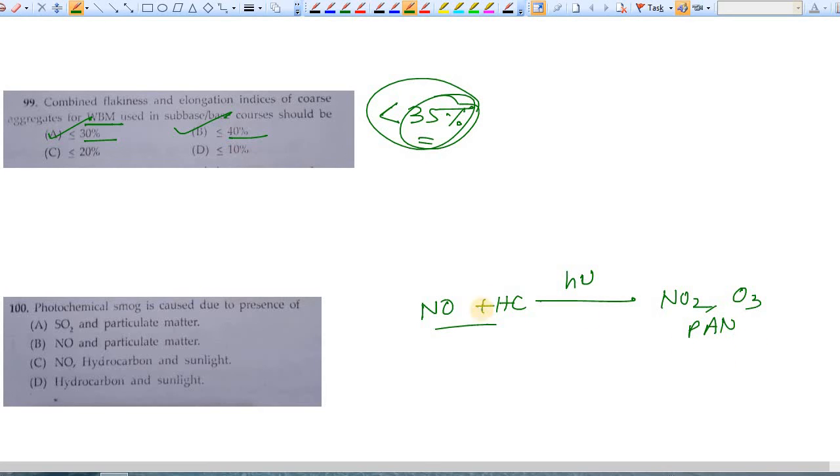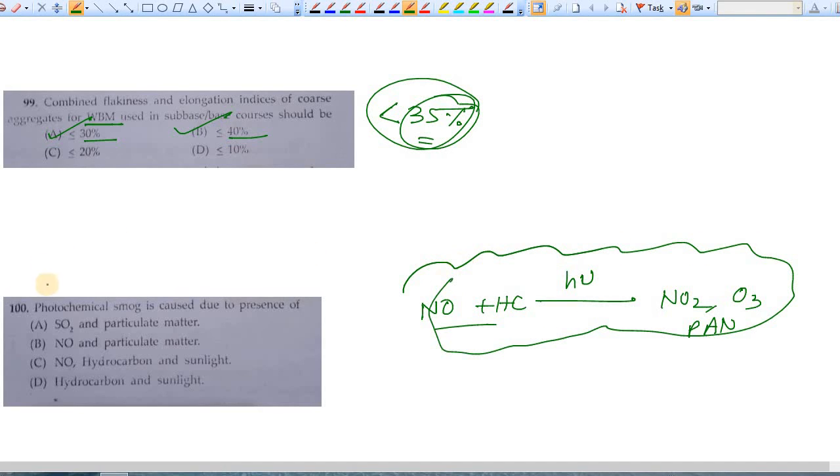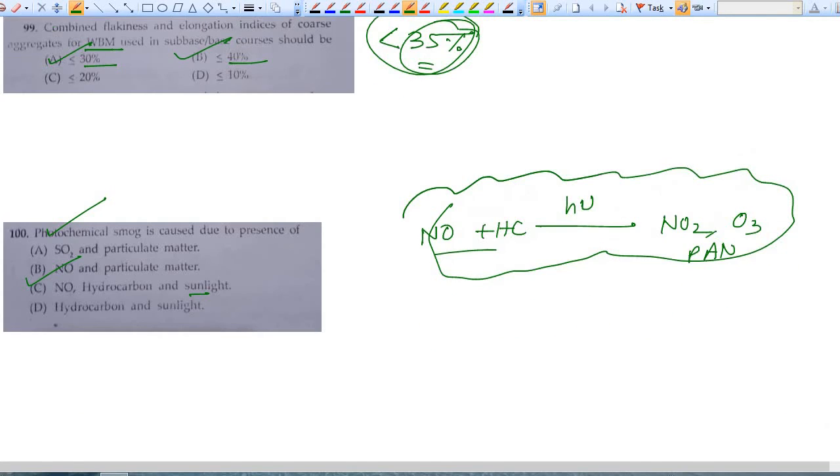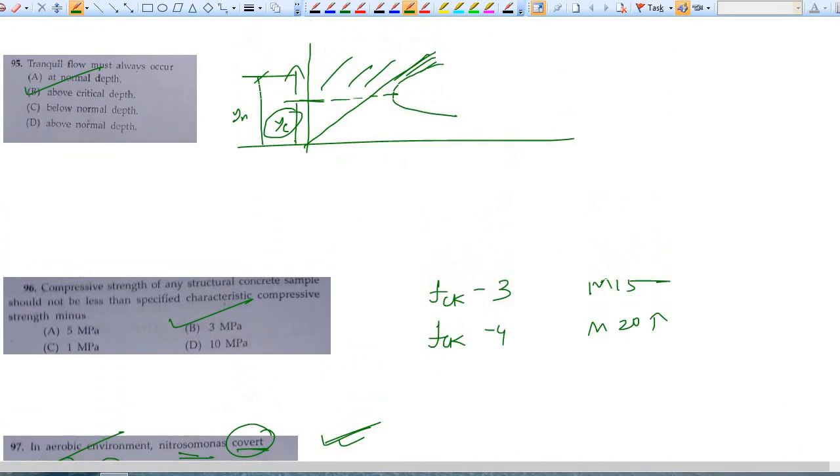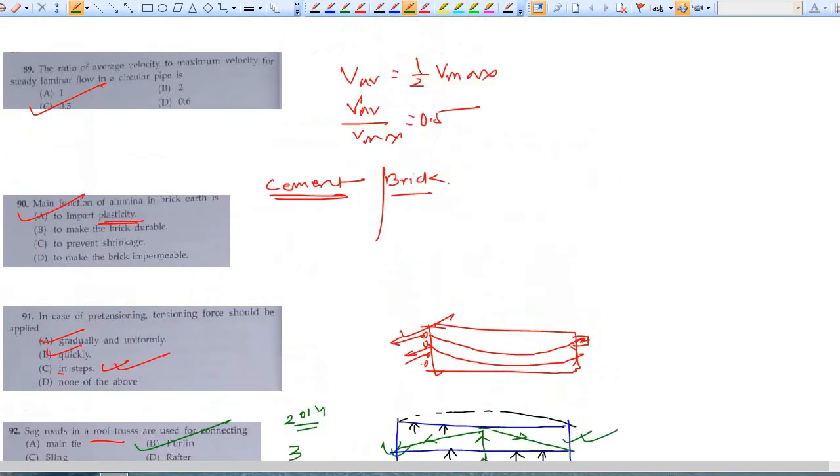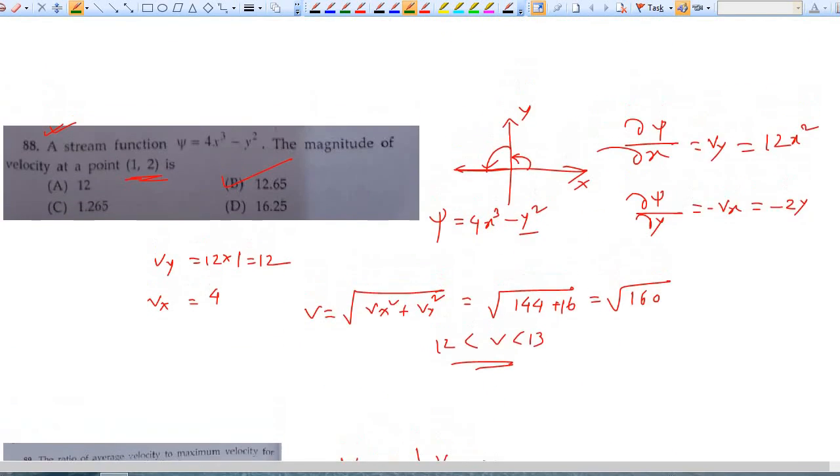And they create a hazy brownish environment that is known as photochemical smoke. So it is caused due to hydrocarbon and of course sunlight. C is the correct option.